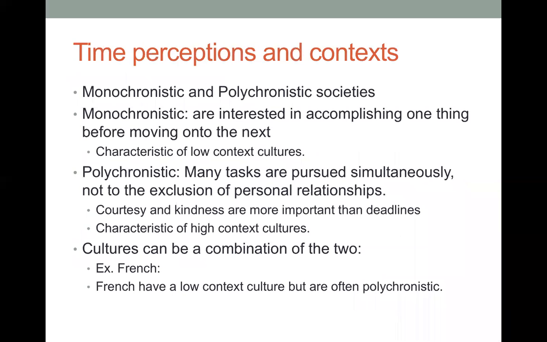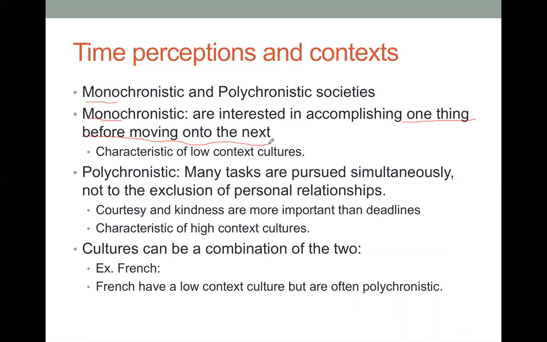Time perceptions. So different cultures perceive and interpret time differently, as you may or may not have experienced. There are monochronistic, mono means one, and polychronistic cultures. Poly means many. So this would kind of make sense. Monochronistic cultures focus on doing one thing before moving on to the next.